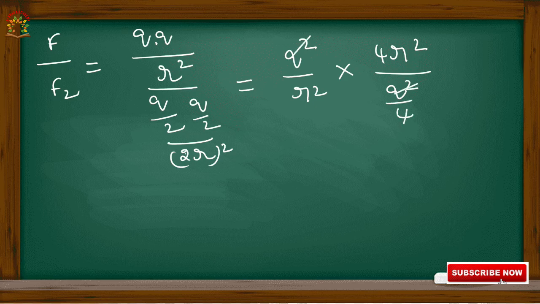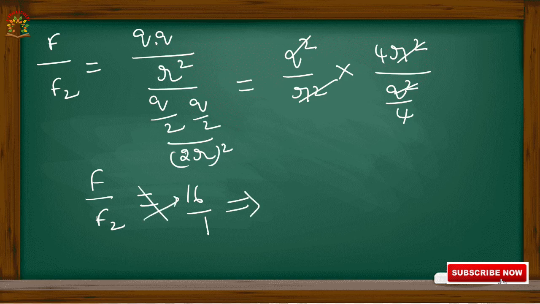Q square cancels, R square cancels, so F by F2 is equal to 4 into 4, which is 16 by 1. By cross multiplication, 16 F2 is equal to F. So F2 is equal to F by 16.